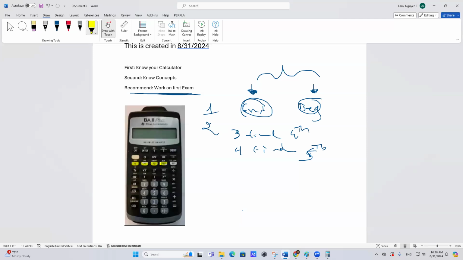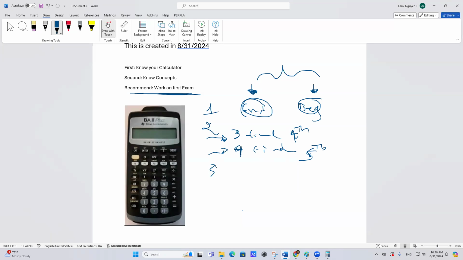If they give you four of these, then they want you to find the future value. If they only give you three, then there's only one more thing you could find, either future value or PMT. So that's the thing you could look out for. If they give you three things, you could only find a fourth thing. If they give you four things, you could only find a fifth thing.